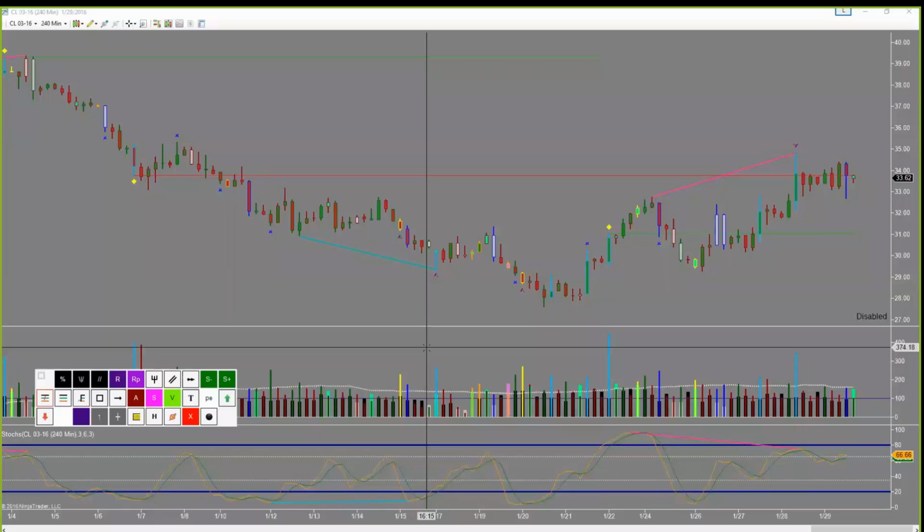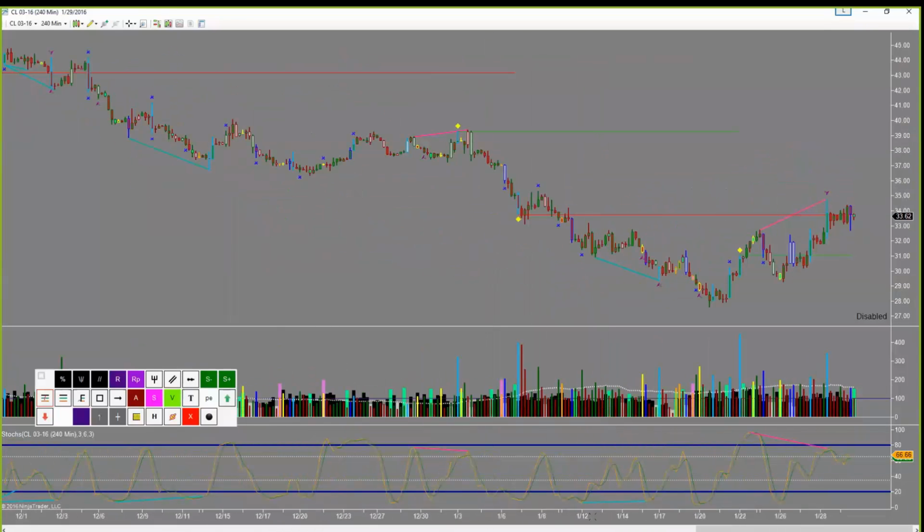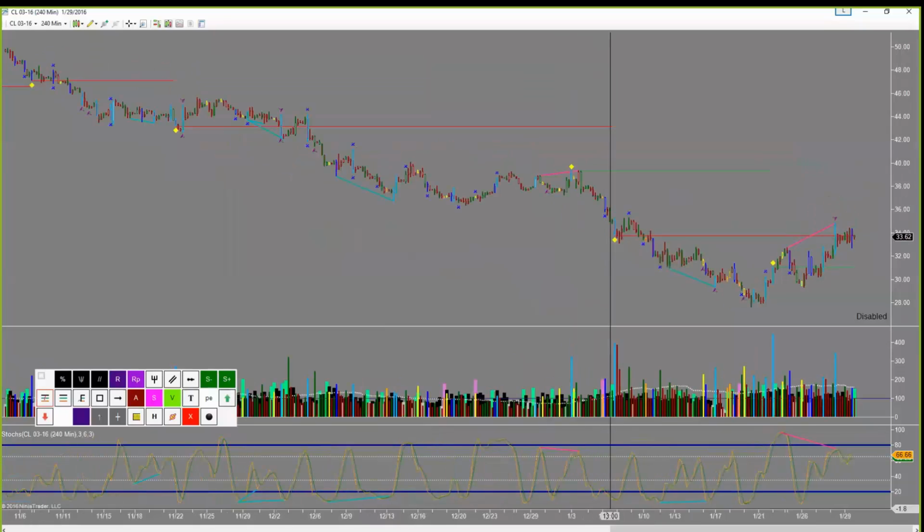So we start by creating the areas in the market geometry. And at this high, we had a few different areas coming together.